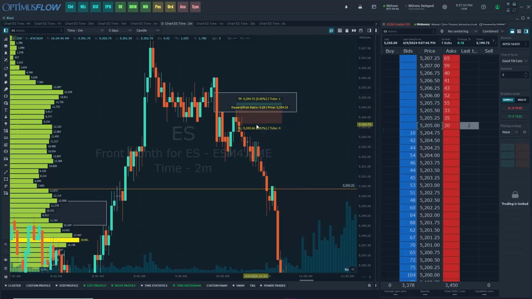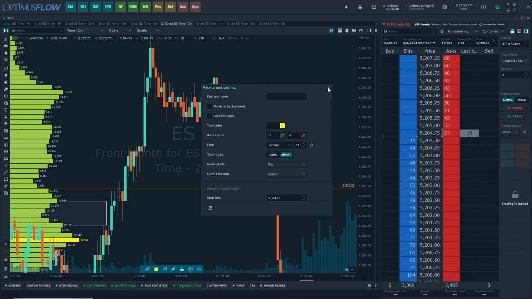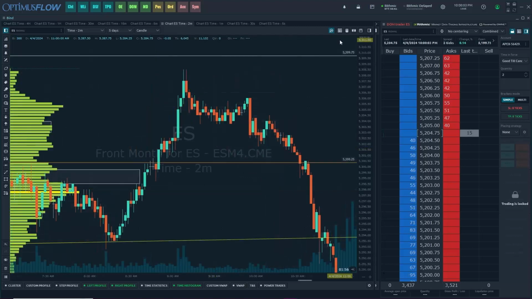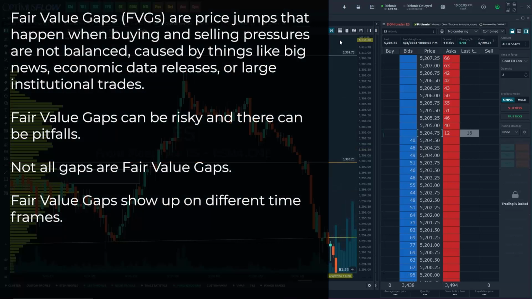Again, we will switch this to short. Our take profit would be below this low, stop loss above that high, and we would quickly get our risk to reward of 1.68.